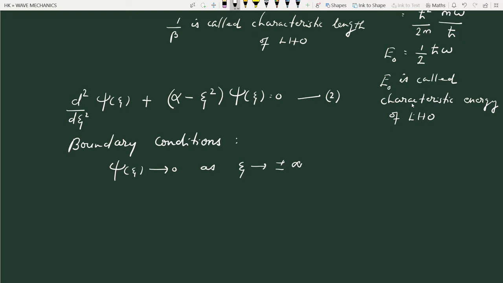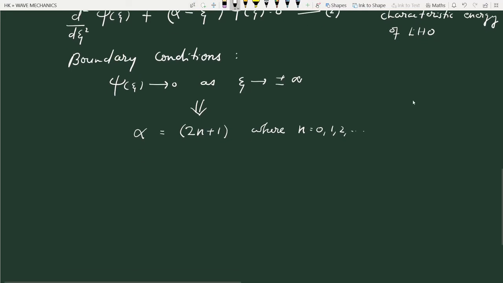If we apply this boundary condition, we can show that alpha equals 2n plus 1. It's a lengthy procedure, so let's just take this. This dimensionless variable alpha that we have introduced becomes quantized when we apply the boundary conditions, where n is equal to 0, 1, 2, etc. n is an integer, or quantum number if we use that term.